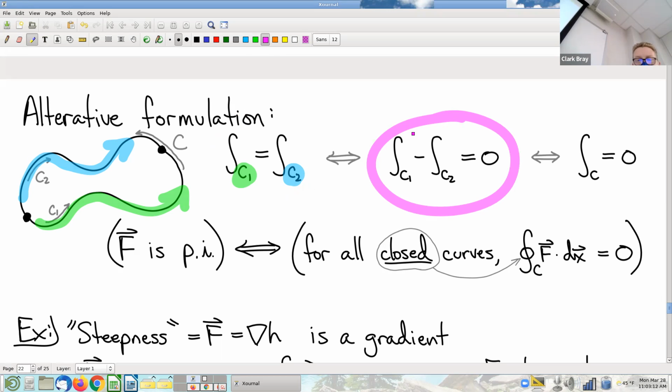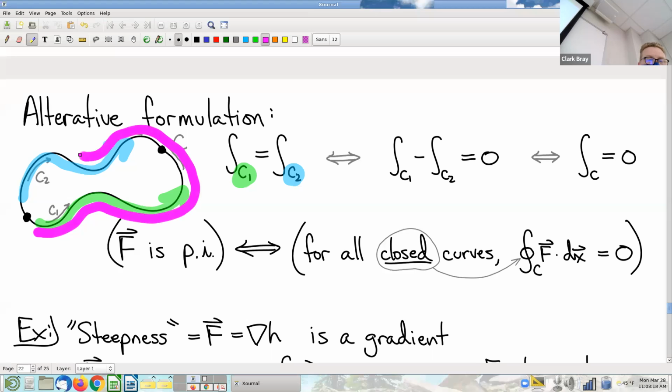Their difference, if you think about it, is literally the curve that goes along C1 and then backwards along C2, because this minus sign is what makes the orientations switch over on that side.